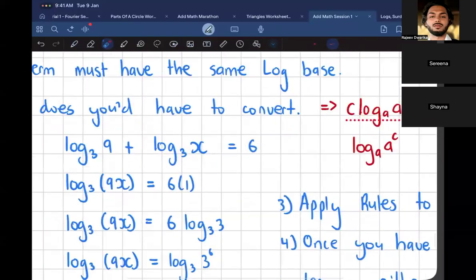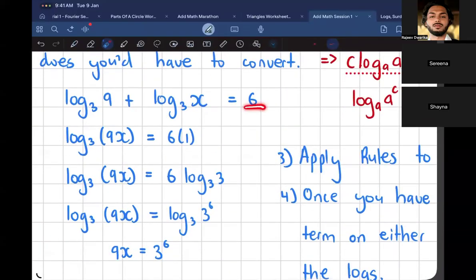Nice. So in this question, we had 6. Now, 6 was not in terms of log base 3, so we changed that to 6 times 1. 6 times 1 is still 6, and 1 is the same thing as log base 3 of 3. And then I'm going to apply the power rule. I have something to the side, so I could take it and bring it up to the top. So now I have 3 to the power 6.